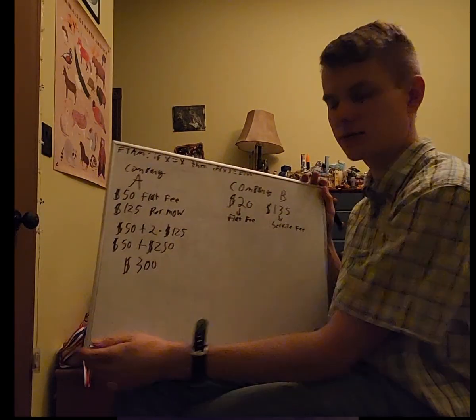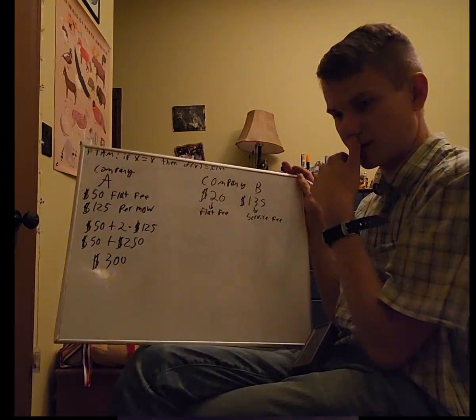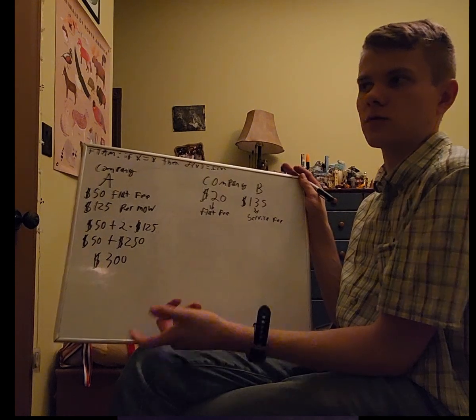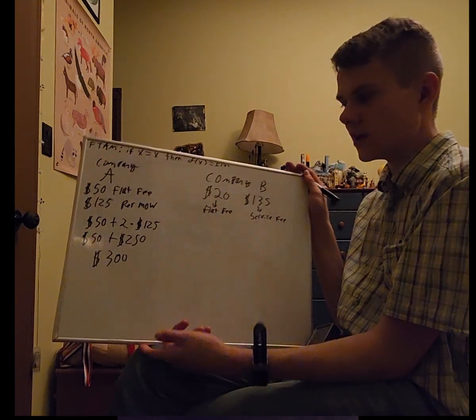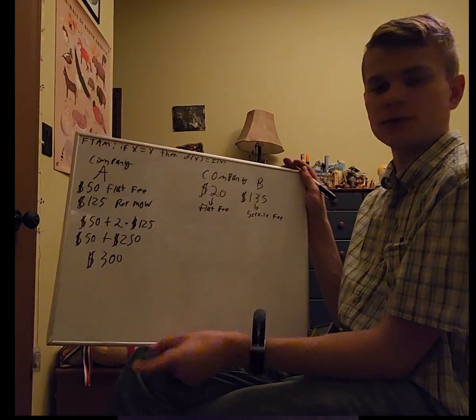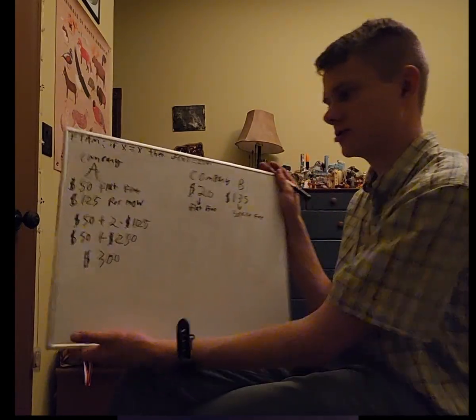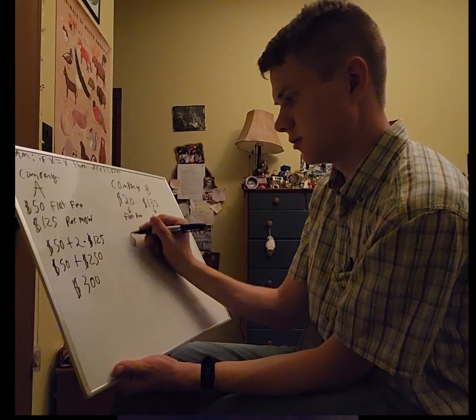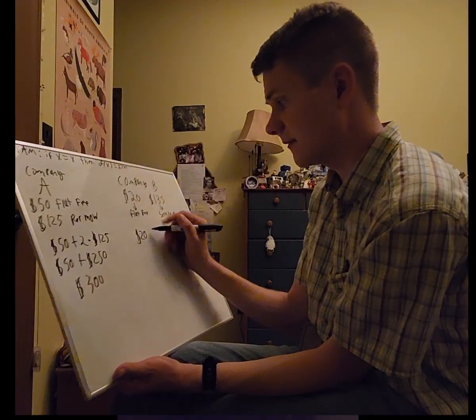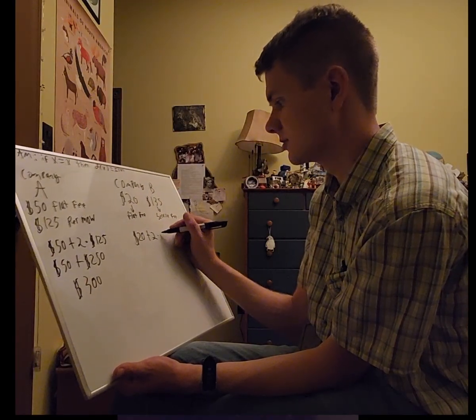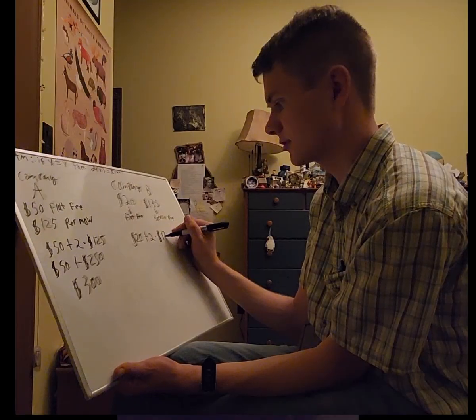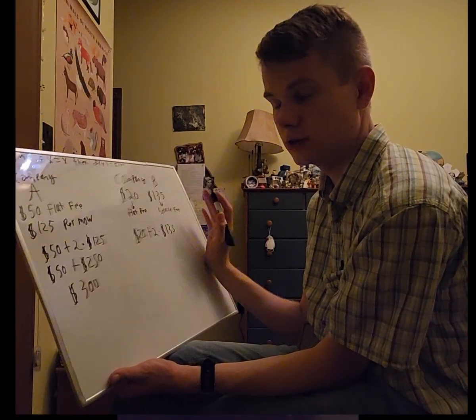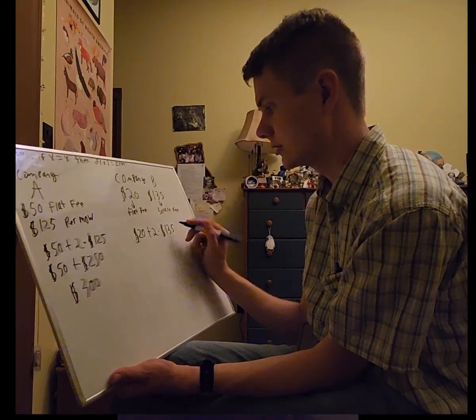So only $20 a month, but they charge $135 each time you mow your lawn. And again, let's say that this month you only got your lawn mowed twice. So you got your $20 flat fee plus 2 times your service fee because you got their service twice, since they mowed your lawn twice.